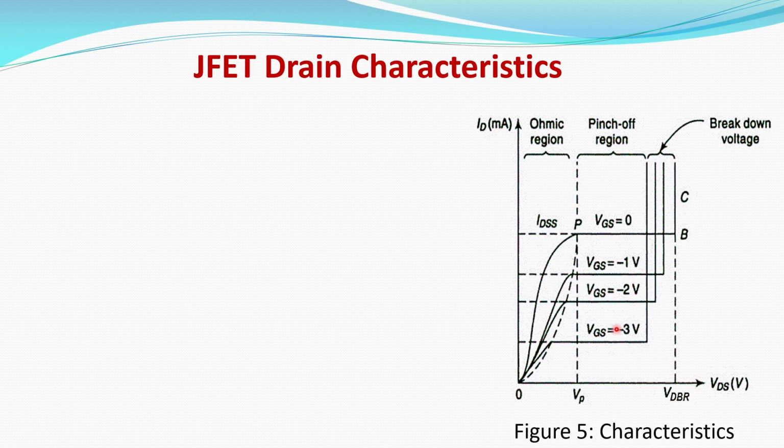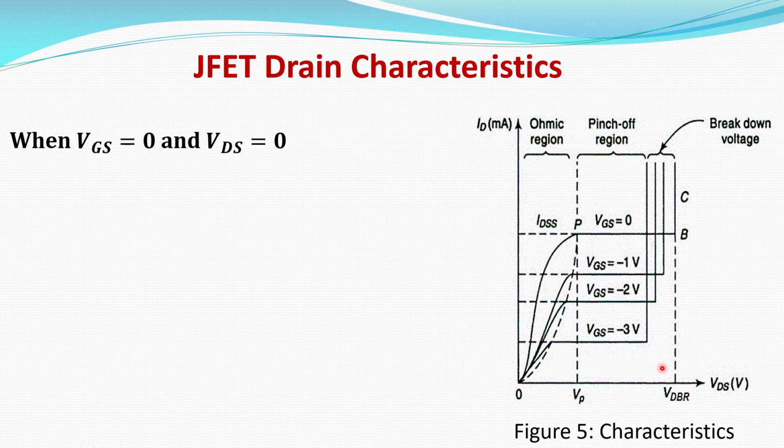In BJT, we discussed three regions: cutoff region, active region, and saturation region. Similarly, in FET amplifier, there are three regions: ohmic region, pinch off region, and the breakdown voltage region, which is denoted in another part. Based on the VDS and ID values, the corresponding VGS value will be plotted, and from this we can plot the load line as well as the Q point of the FET amplifier transistors.